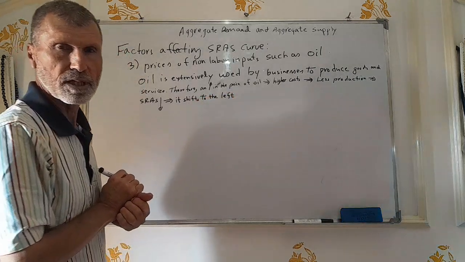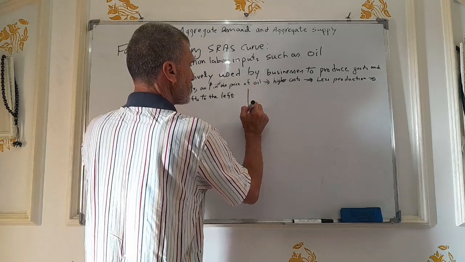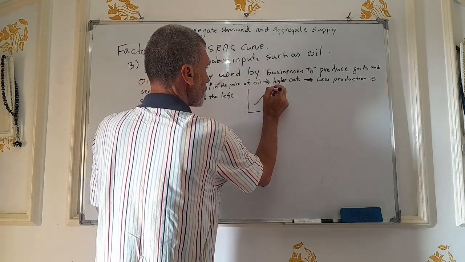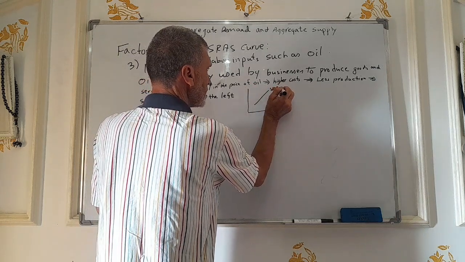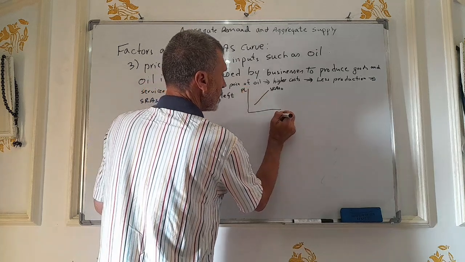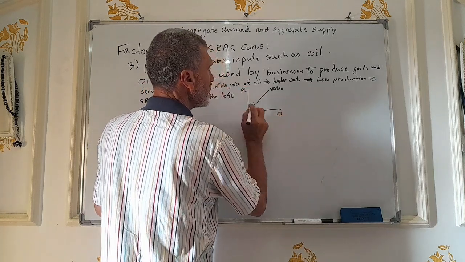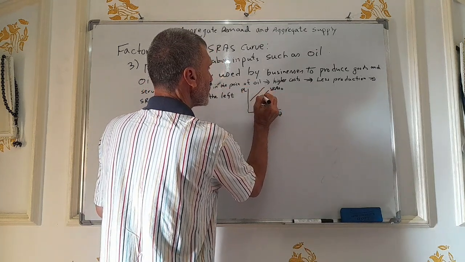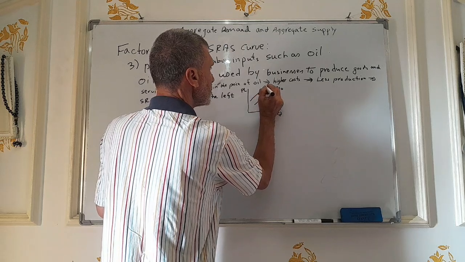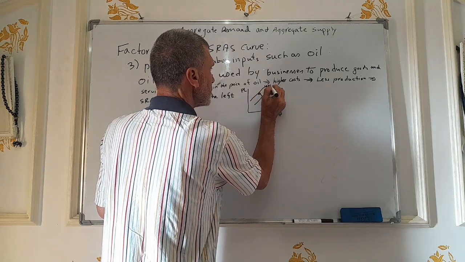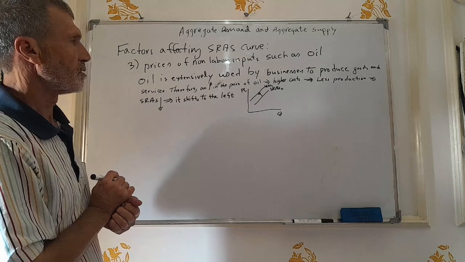Shift to the left, okay? Short-run supply shifts to the left, as you can see over here, on the graph with price level and real GDP.